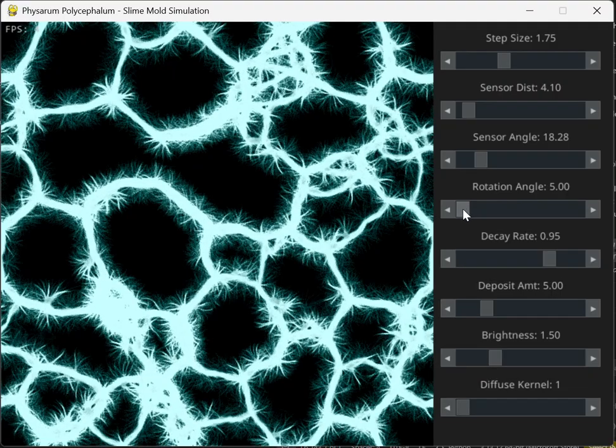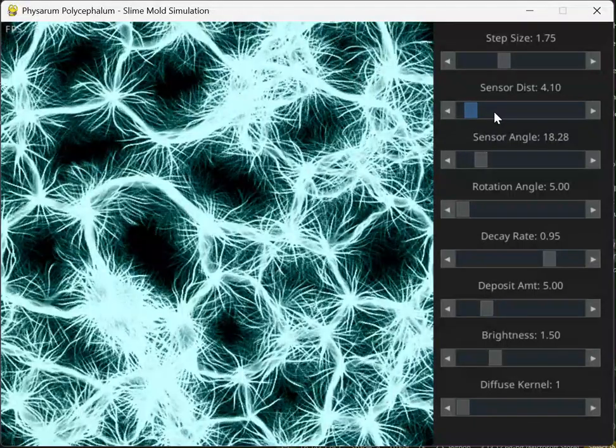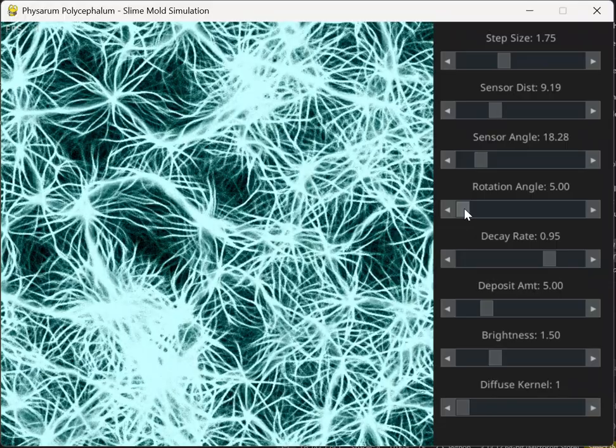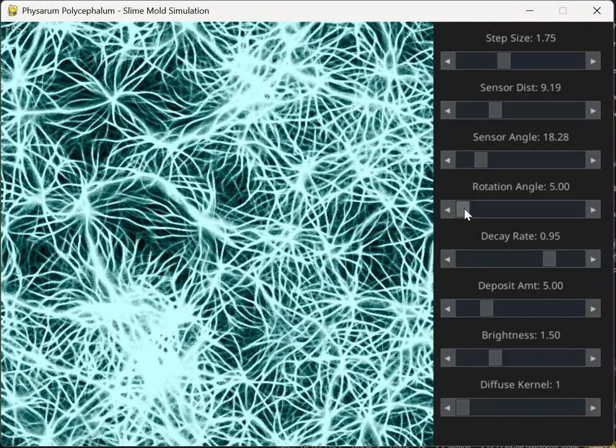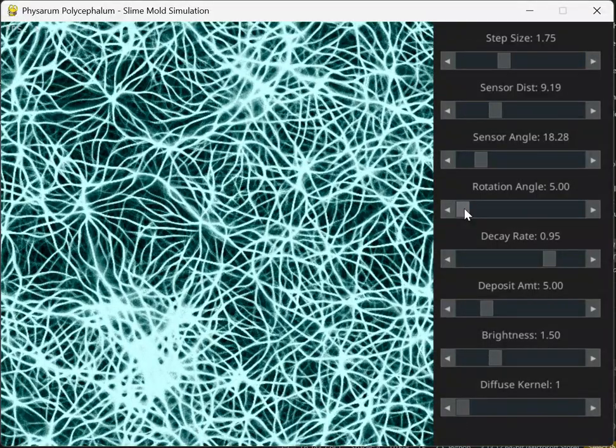As you can see, it forms a very high amount of trails. And configuring these different parameters makes the pattern look more unique.